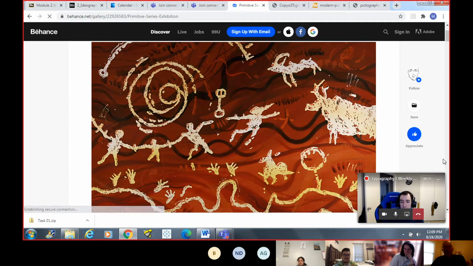So this is a painting I did. I did a whole series of primitive paintings. It's a watercolor painting, 2 feet by 3 feet. And the petroglyphs are actually carved by ancient peoples, Native Americans in the United States, in the rock near the Grand Canyon.